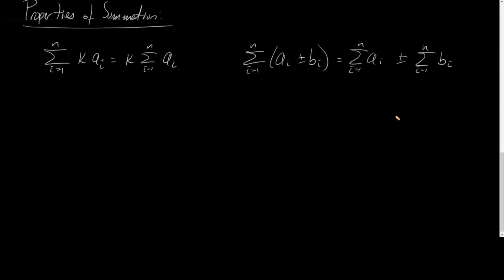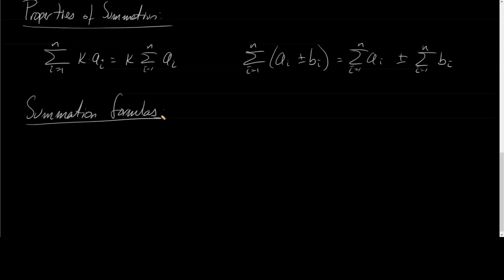Now, let's talk about some formulas, the summation formulas. If I have the summation from i equals 1 to n, and in here it's important that we actually are going from 1 to n, of just a constant, if we're just adding a constant over and over and over again, well, what does that mean? That means we end up with c plus c plus c, and so on, n times.